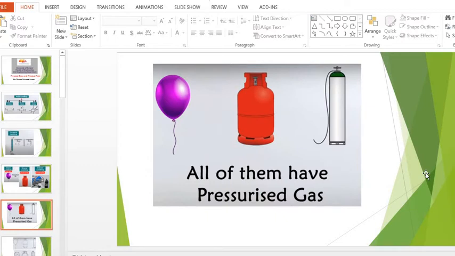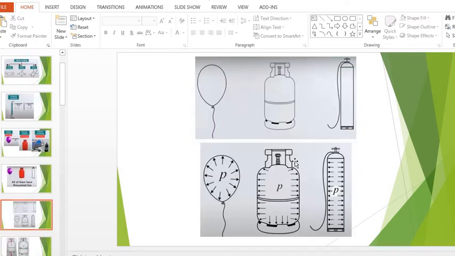So what will happen? All of these equipments have pressurized gas. If I draw its line diagram, I will see the line diagram like this, right? So this is just a line diagram.